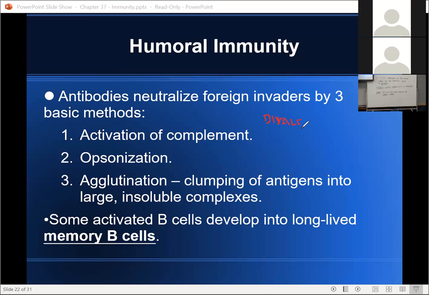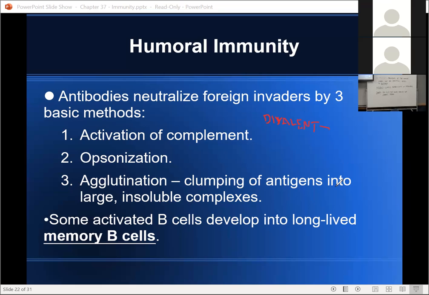D-I-V-A-L-E-N-T. So divalent, this means having two binding sites, or being able to bind to two things. Because antibodies are divalent, they can bind to antigens on two different bacteria or on two different viruses.